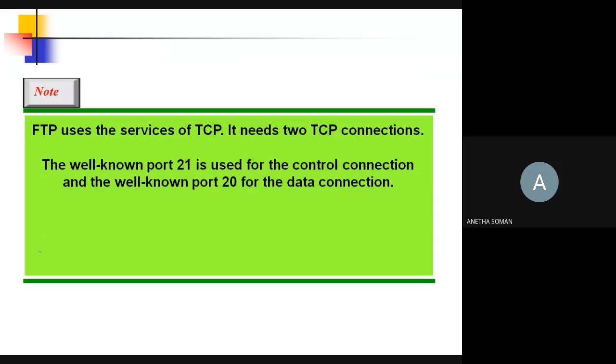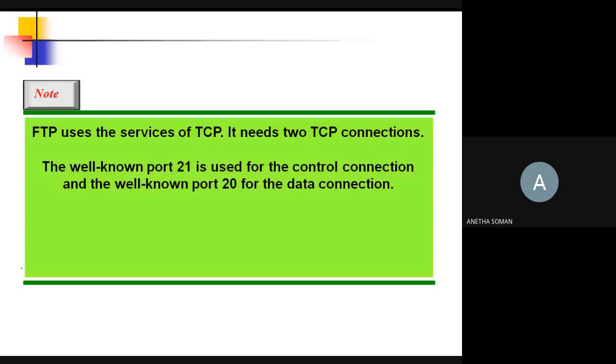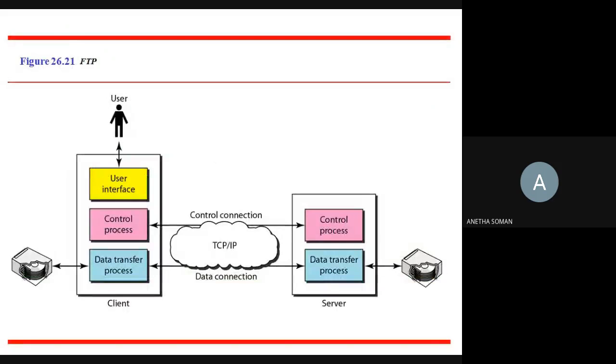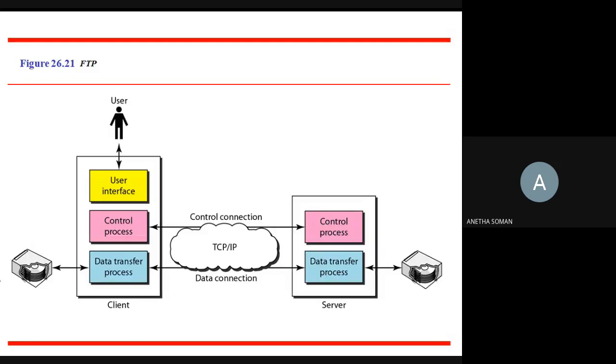So FTP uses the services of TCP. When you consider the uses of FTP, you can transfer files between computers, and website designers also use this protocol to upload files to the server, right? But the main drawback of FTP is that it is not a secure protocol.